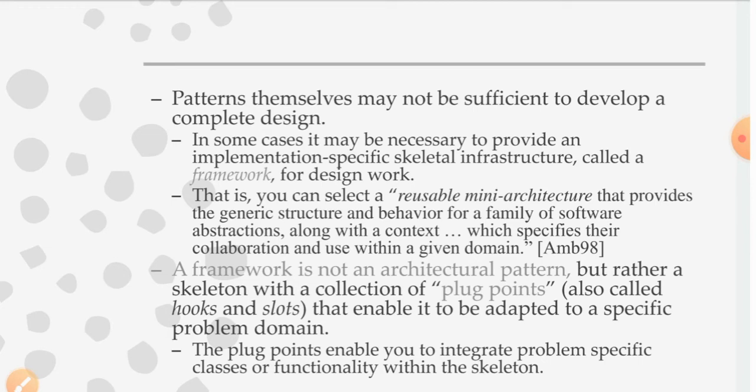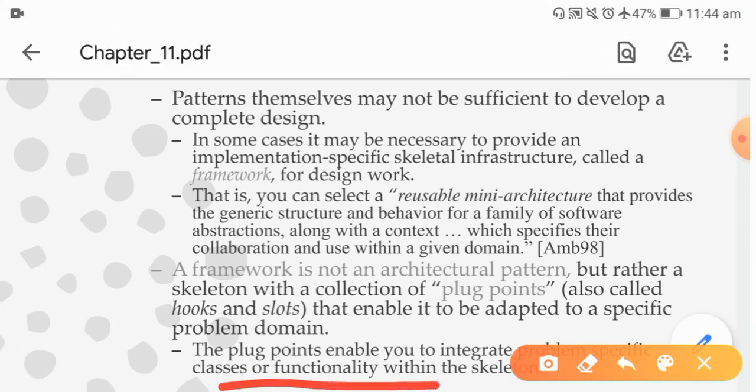So a framework is not an architectural pattern but rather a skeleton with a collection of plug points, also called hooks and slots, that enables it to be adapted to a specific problem domain. The plug points enable you to integrate problem-specific classes or functionality within the skeleton.